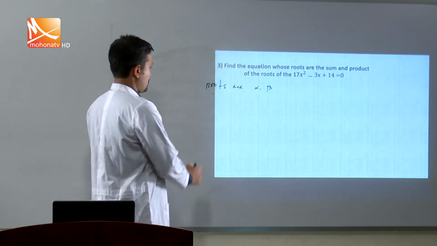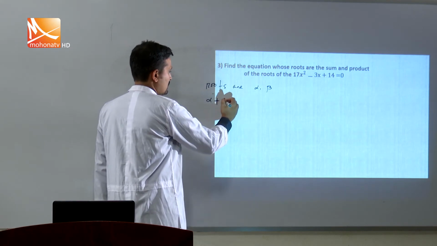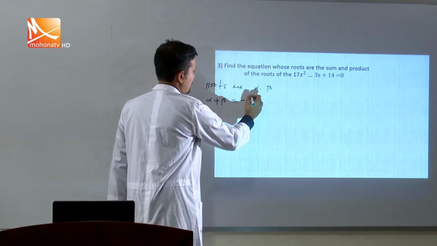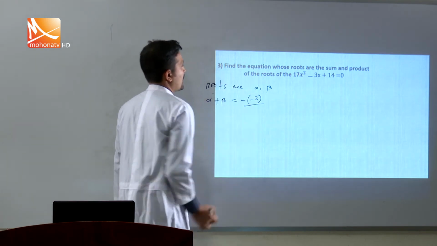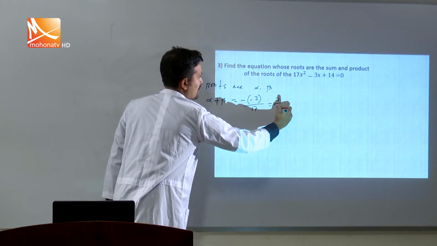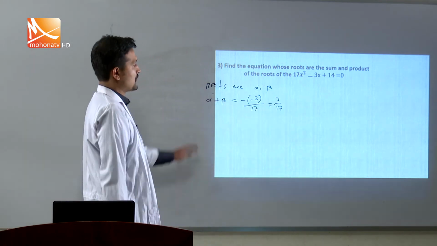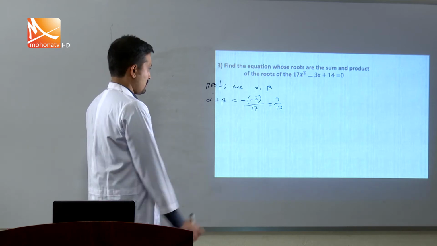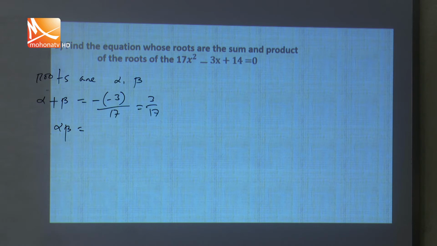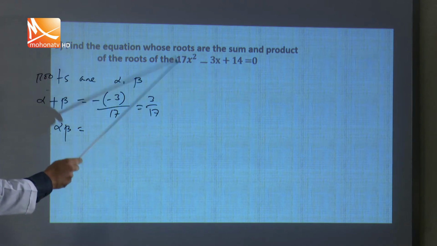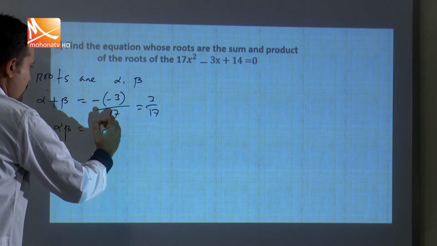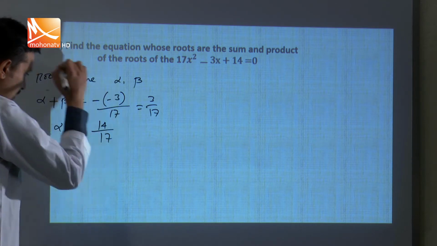Then the sum of the roots alpha plus beta equals minus b by a, which is minus (minus 3) by 17, equals 3 by 17. The product of the roots alpha beta equals c by a, here c is 14 and a is 17, so 14 by 17.